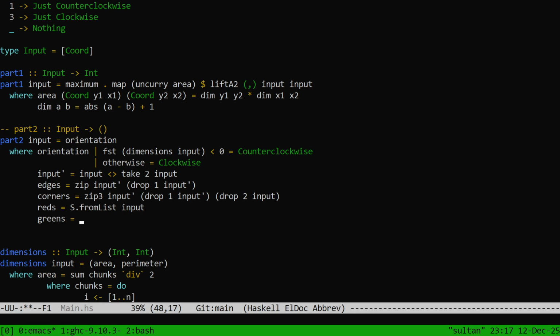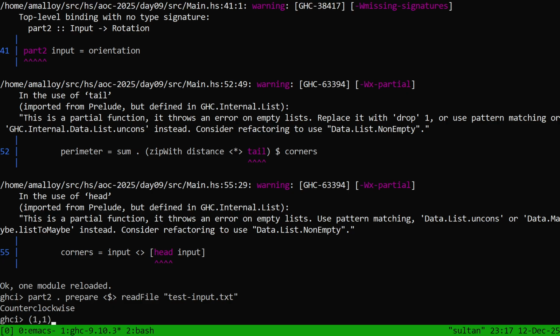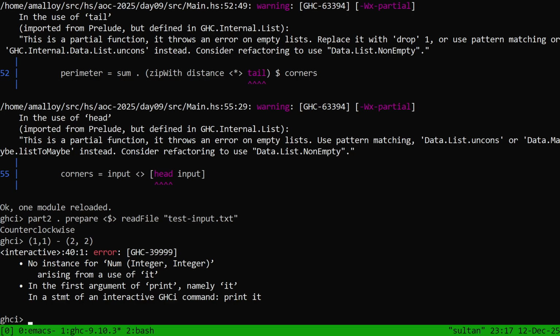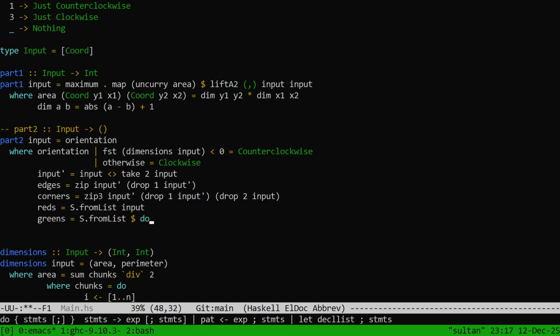Greens is, I think I want to say a do notation over all the edges, right? Is, no. Point coordinates are not numbers. Okay.